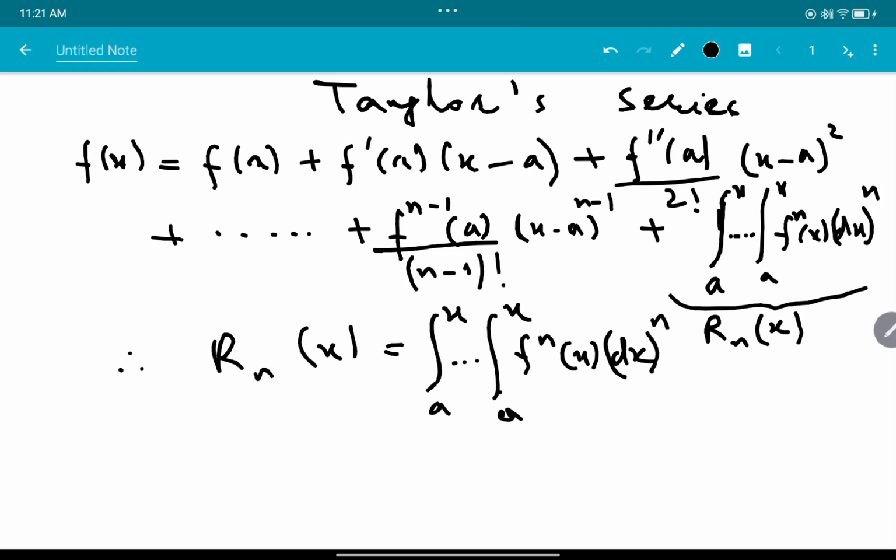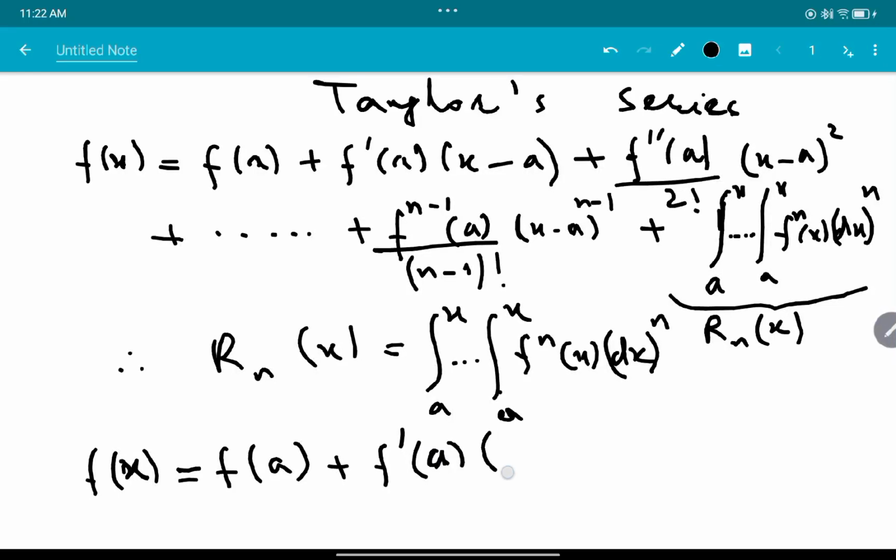If we now use this R_n(x) for the Taylor series, we can write f(x) as f(x) = f(a) + f'(a)(x - a) + ... + f^(n-1)(a)/(n-1)! (x - a)^(n-1) + R_n(x).